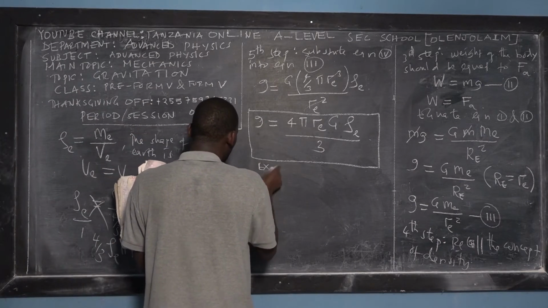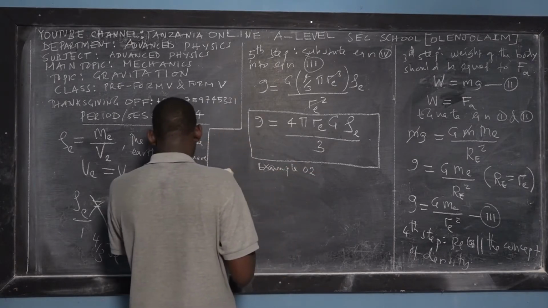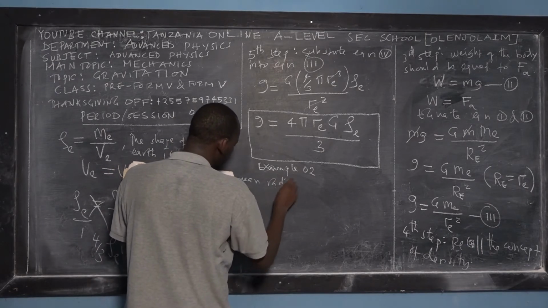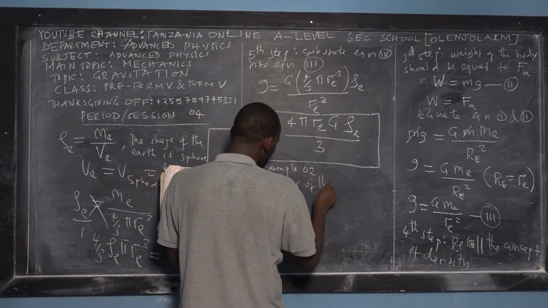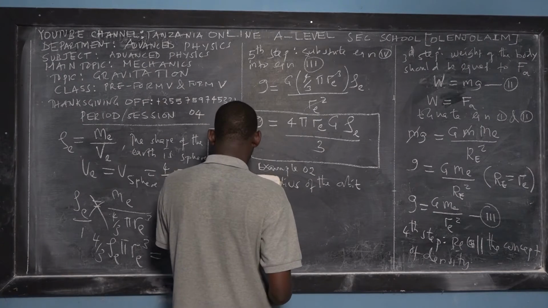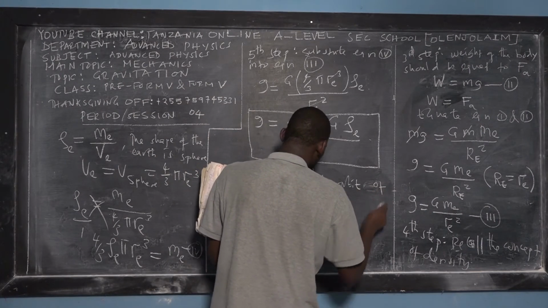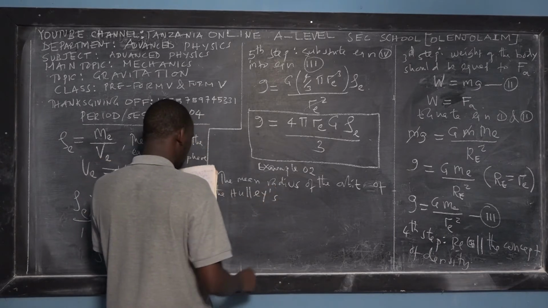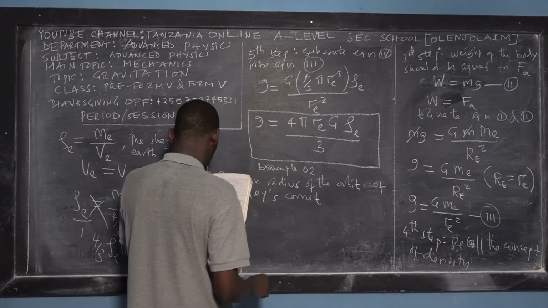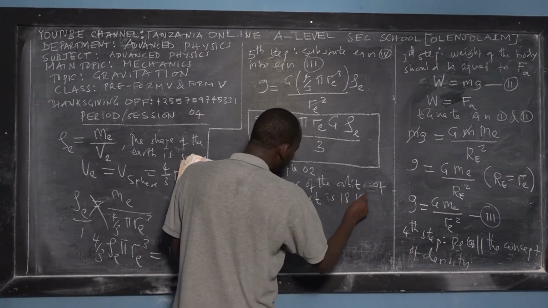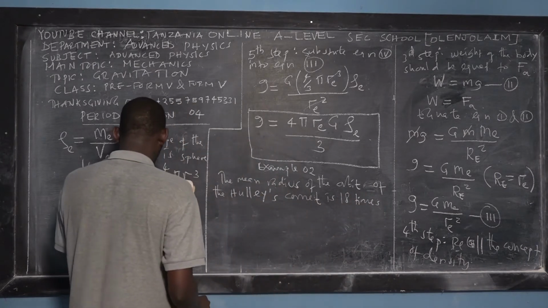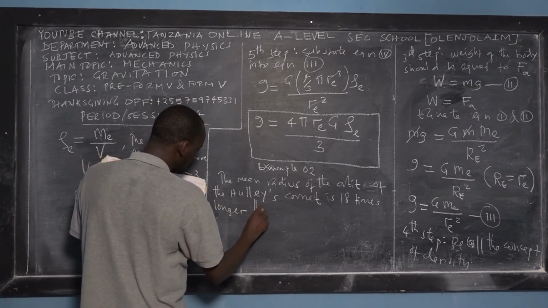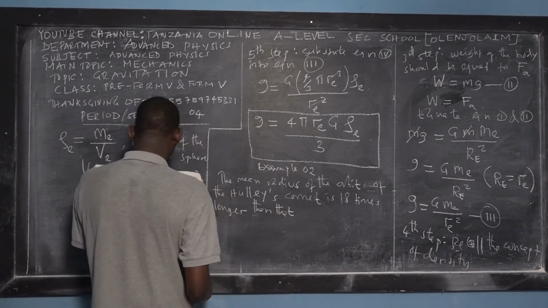So let us start with example 2. The mean radius of the orbit of Halley's comet, one of the comets, is 18 times longer than that of the Earth.